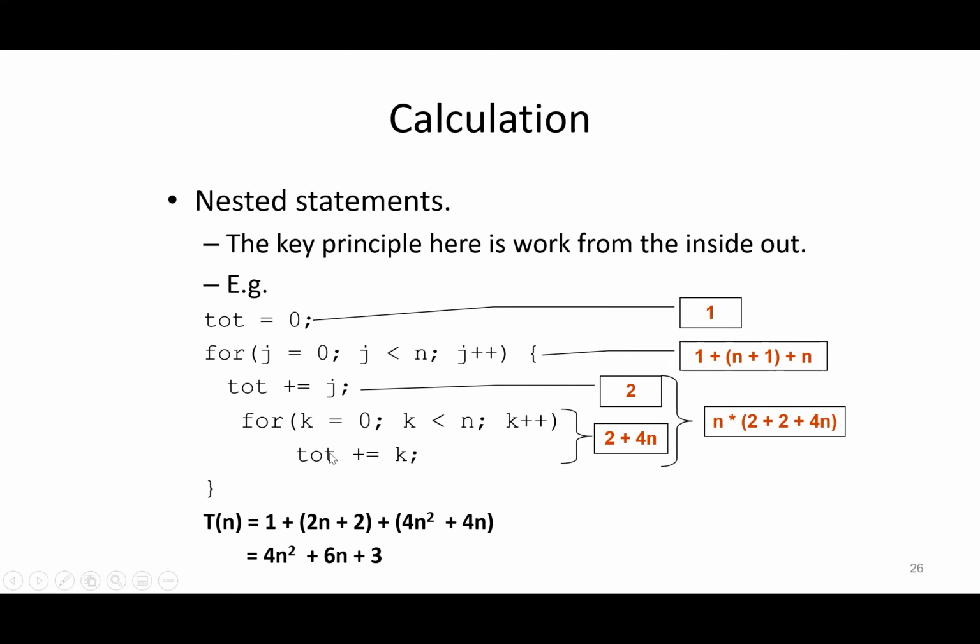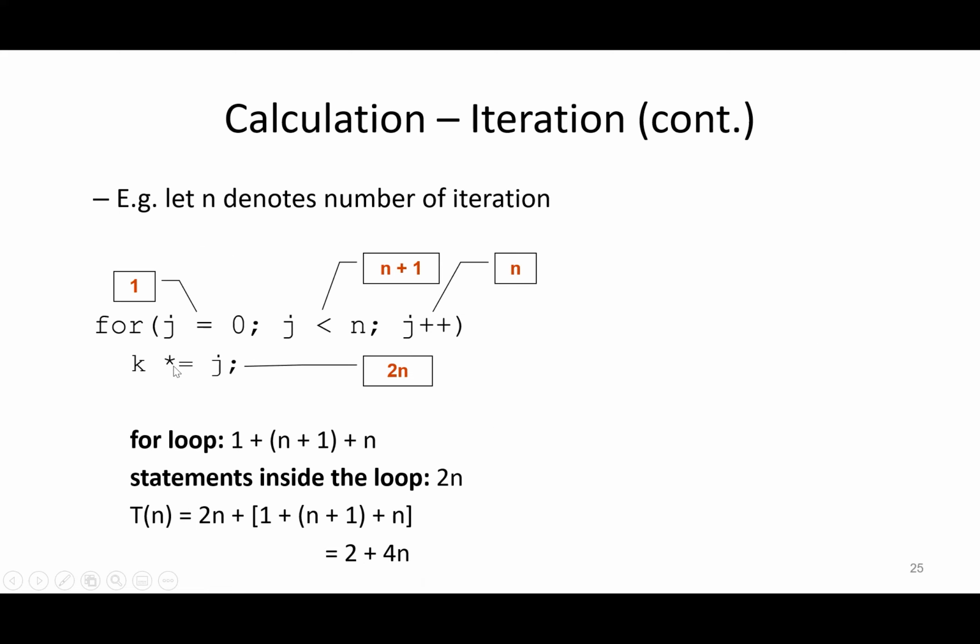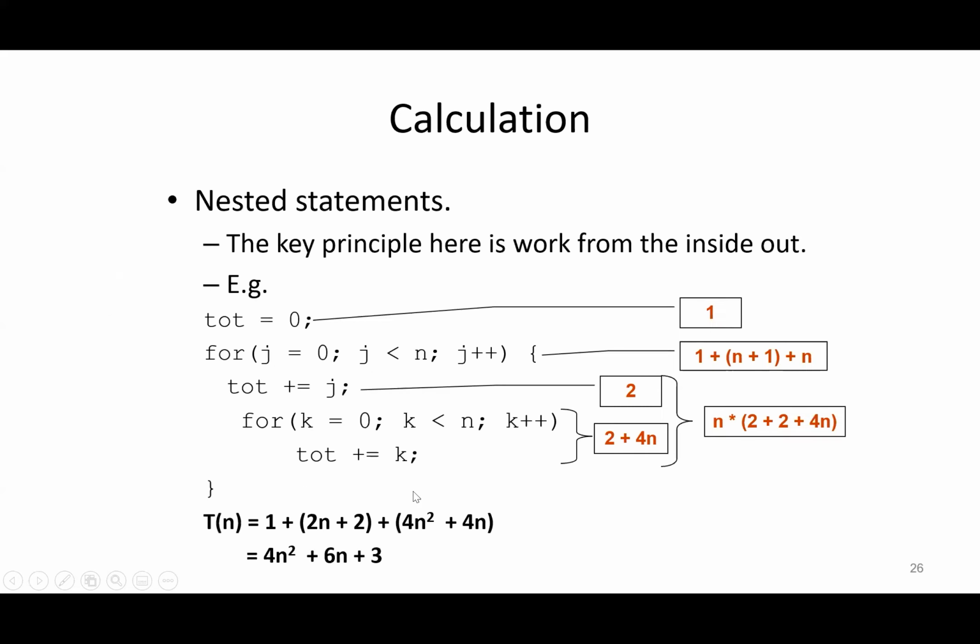Then the statement inside is total equals total plus k. So we know that this one here will require 2 plus 4n, because this inner for loop is similar to the for loop that we have seen. It's also j equal to 0 until less than n, and the statement inside is also similar.